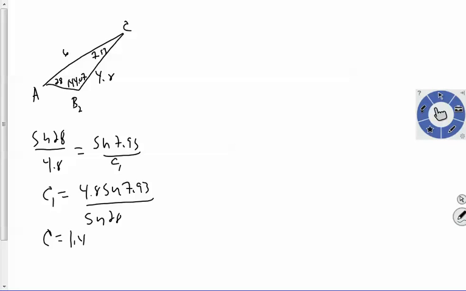Basically we have two situations. There's two triangles. There's one where angle B is 35.93, the other angle is 116.07, and side C is equal to 9.2.